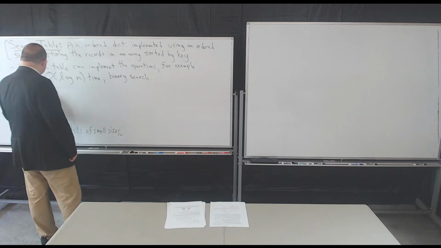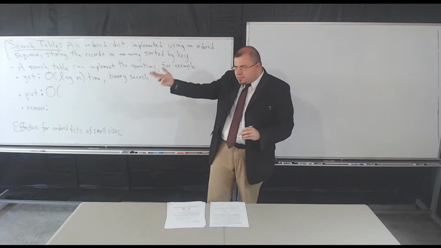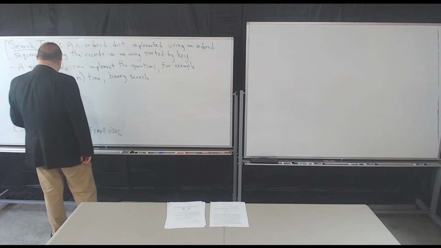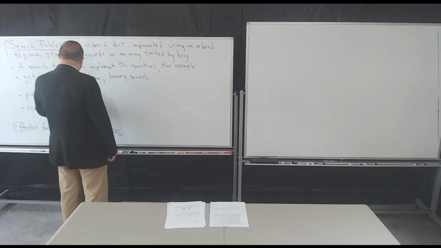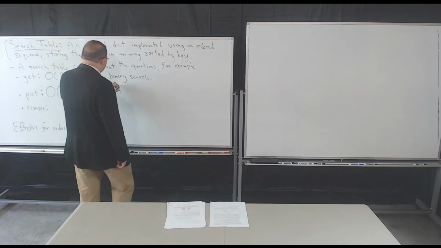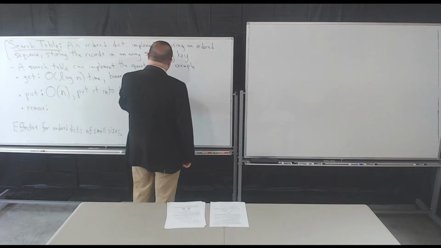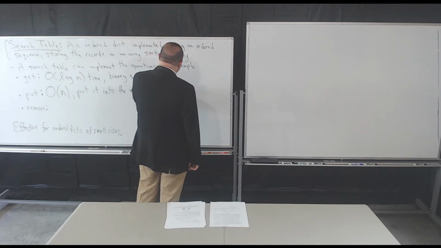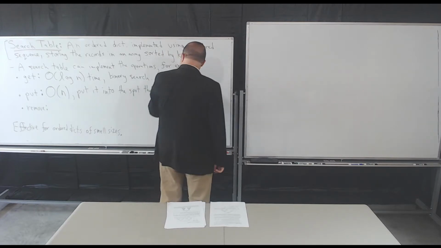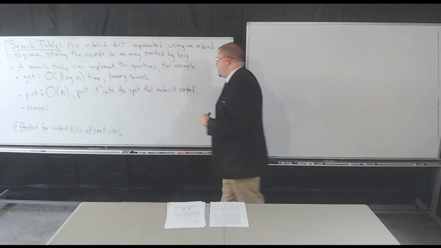How about put? How long should put take? Think about what algorithm would be suitable here. Well, what you could do is just do it in linear time. Just put it into the spot that makes it sorted.